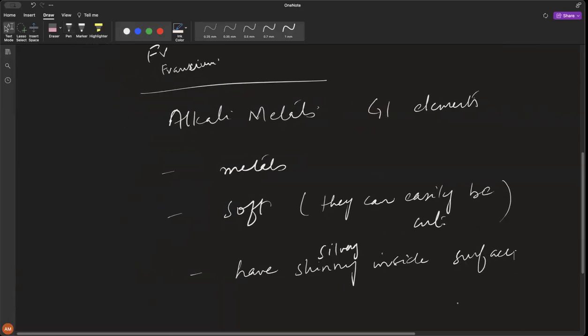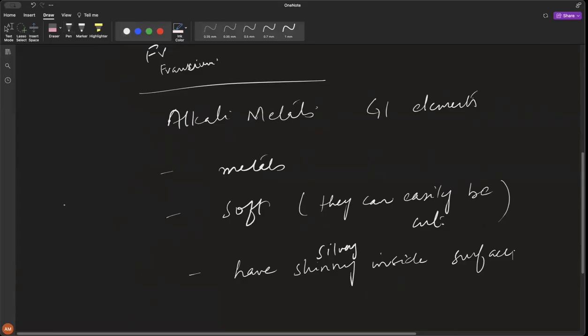If you cut it, you will see that inside is the shiny silvery surface, and it rapidly goes away.